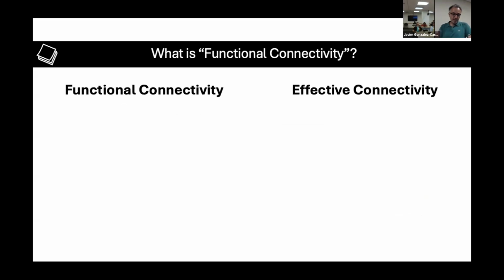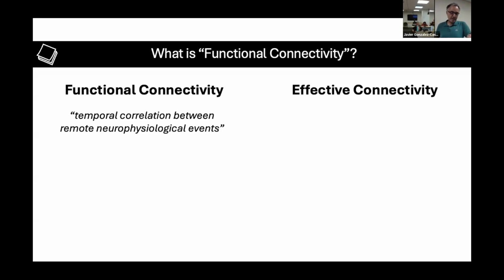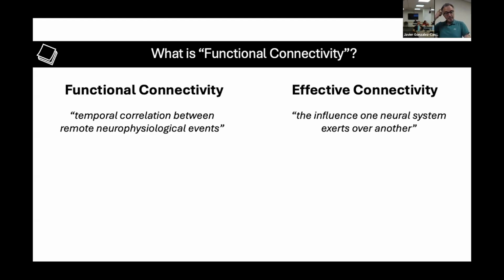Within functional connectivity, in that seminal paper, he makes a very important differentiation between what is functional connectivity, which he defines as the temporal correlation between remote neurophysiological events, basically in fMRI jargon, between different ROIs or boxes that are far apart. And effective connectivity, which is a much more precise term, this idea of the influence that one neuronal system exerts over another.